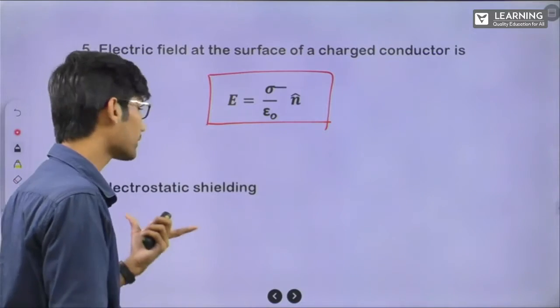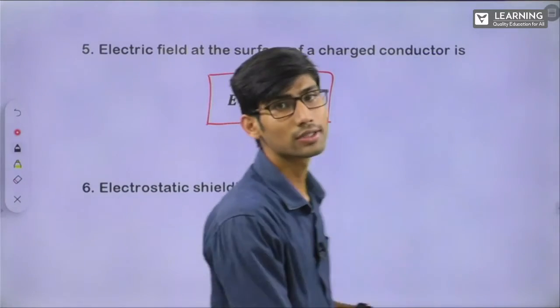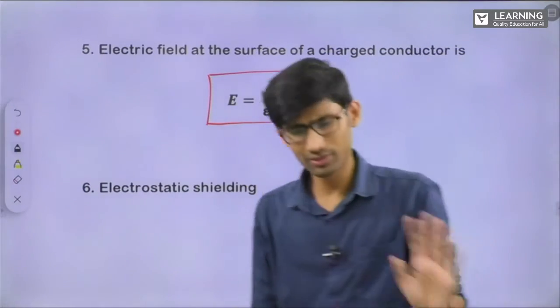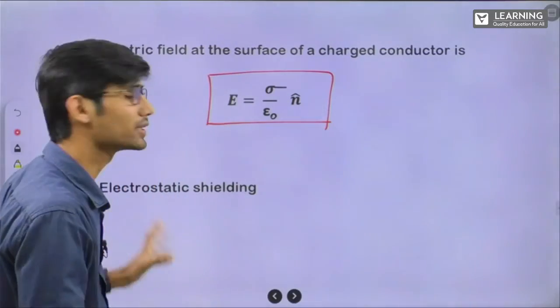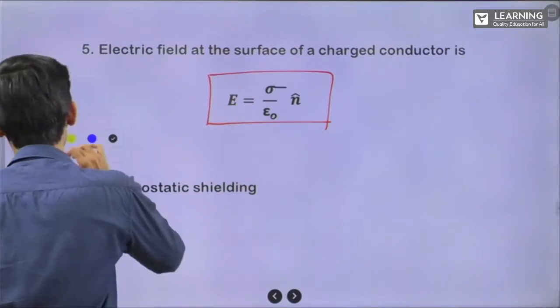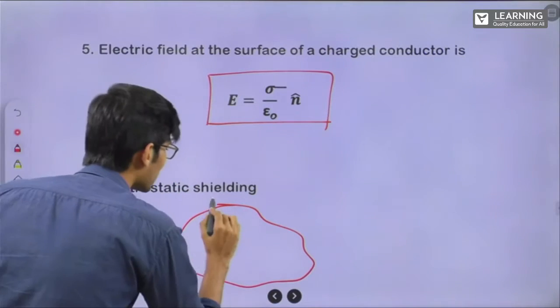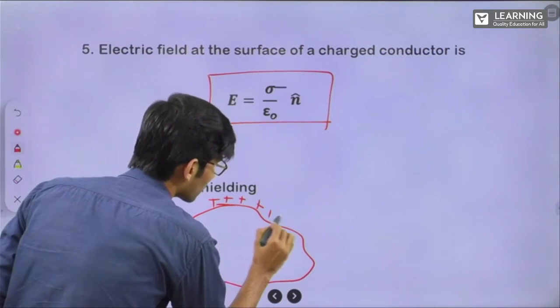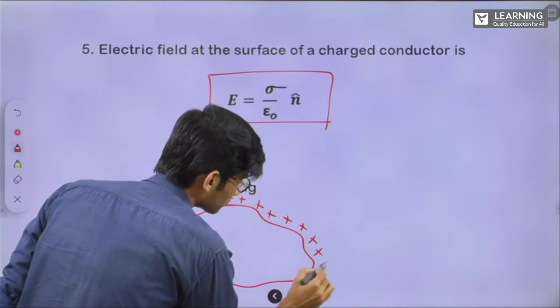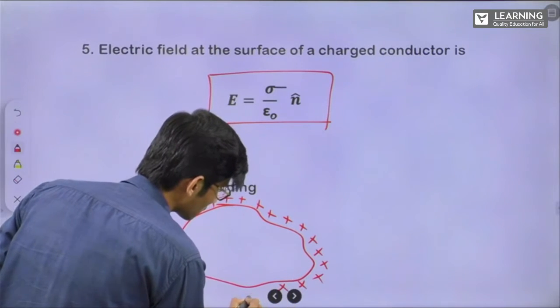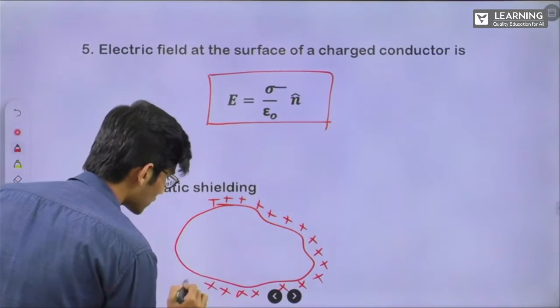Next, electrostatic shielding. What is electrostatic shielding? No rocket science. Electrostatic shielding means if there is a conductor, and this conductor is having charge, the excess charge is on the surface.